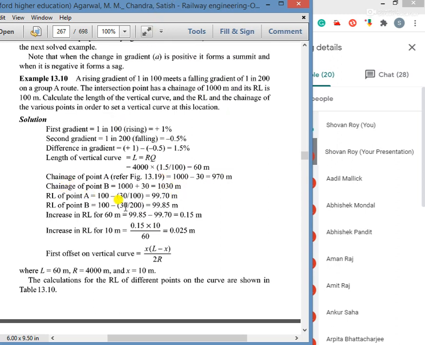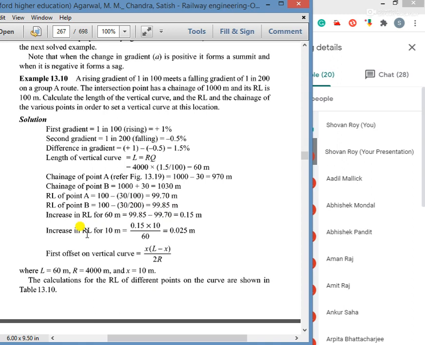Then the RL of point A. 100 is the RL of the intersection point, at 1000 meter chainage, so it is 100 minus 30 by 100, which is 1 in 100 into 30. So the RL of point A is 99.70. Same thing for the RL of point B: 100 minus 1 in 200 into 30, or 30 by 200, so 100 minus 30 by 200 is 99.85 meter.